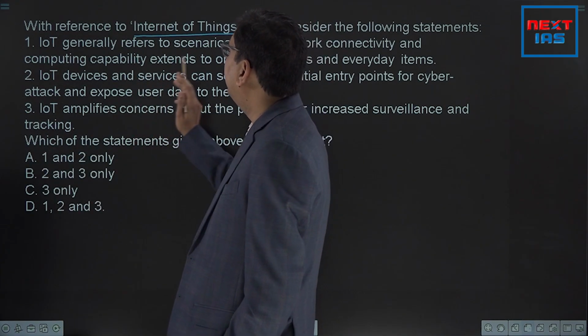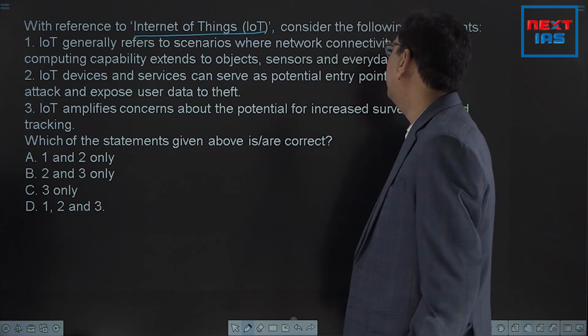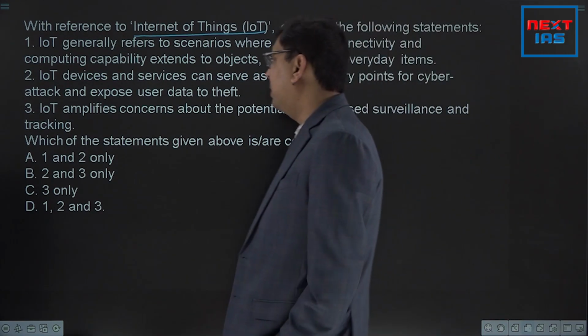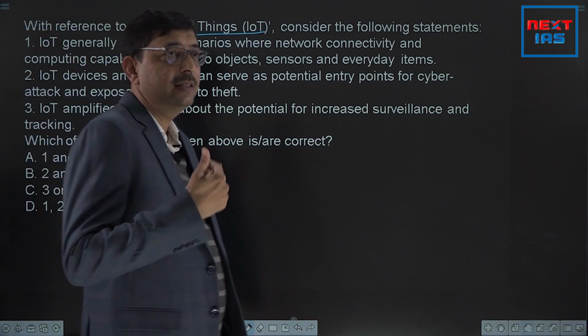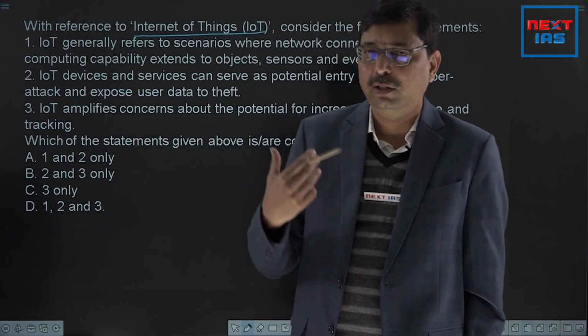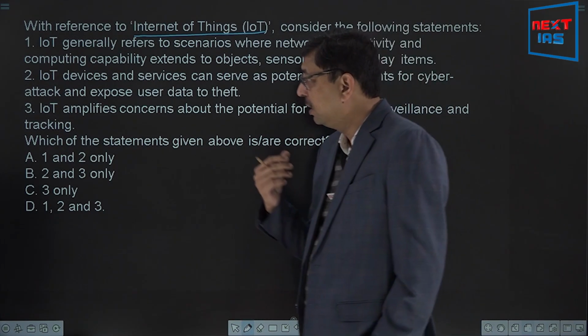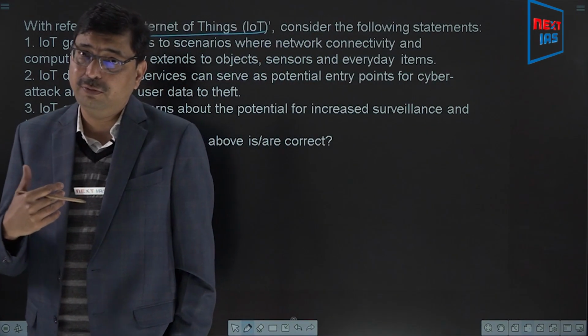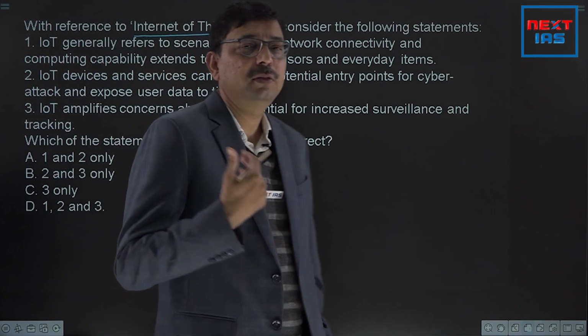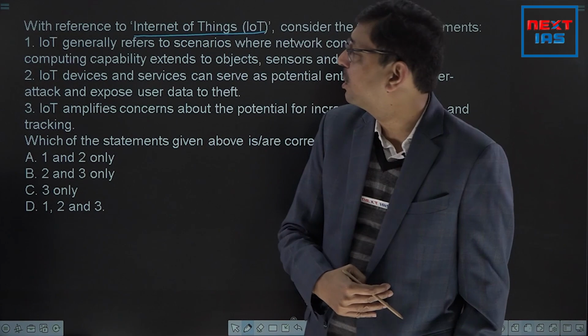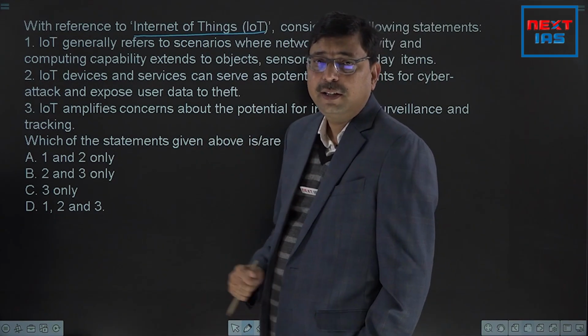IoT devices and services can serve as potential entry points for cyber attack and expose user data to theft. Absolutely. IoT is a part of Digital India, IoT is a part of the fourth industrial revolution, and IoT will get a lot of push during 5G. So one of the main dimensions of 5G technology will be Internet of Things.